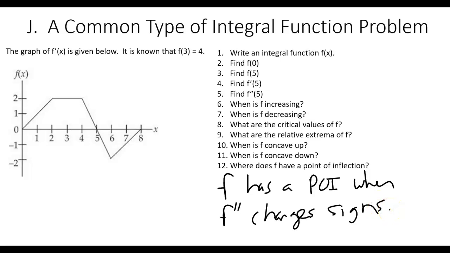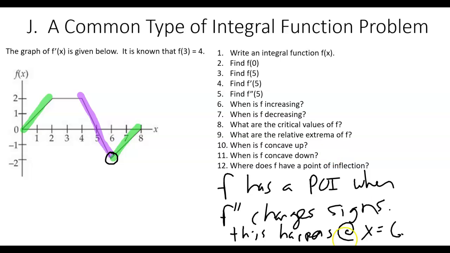Okay, so where does that occur? Well, that happens anytime we go from a positive slope to a negative slope or vice versa. So here we go from positive to 0, so that's no good. But here we go from negative to positive. And so we really only have one point of inflection here, and it's at 6. So this happens at x equals 6. And there you go.